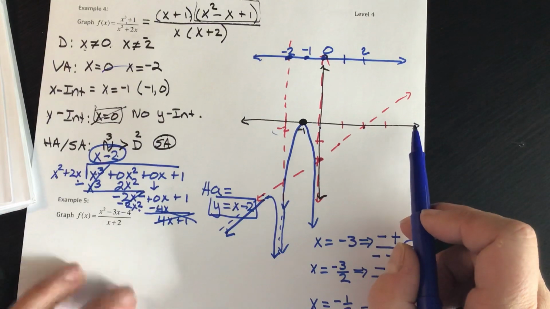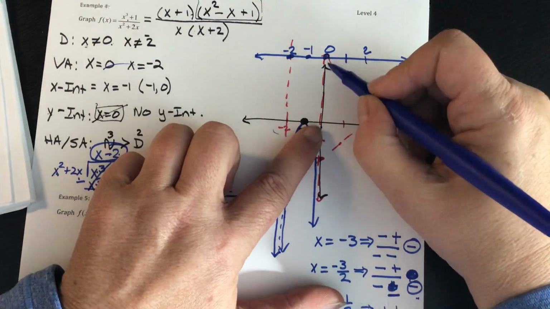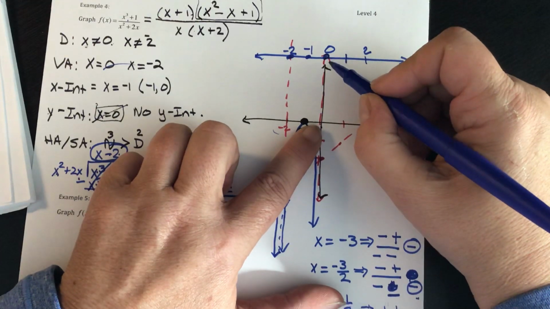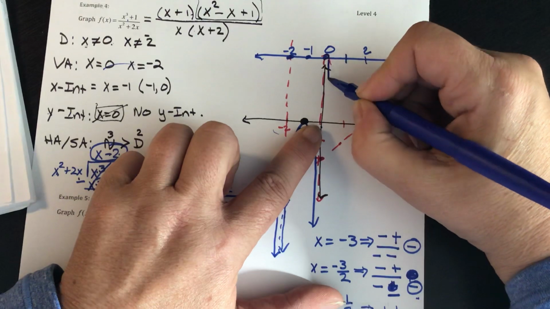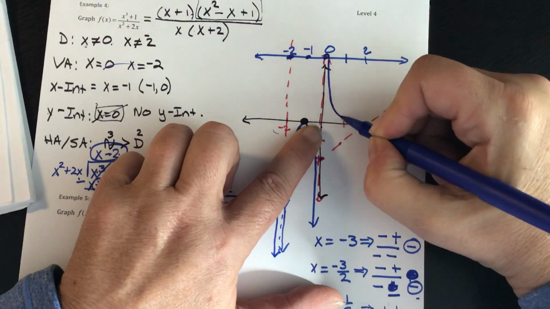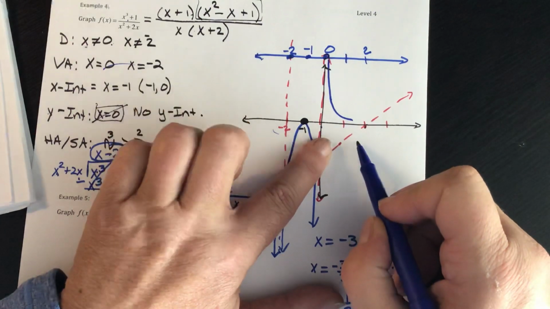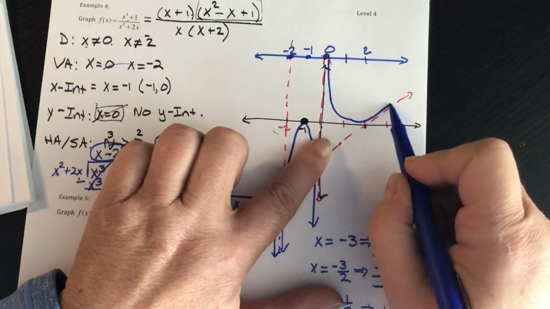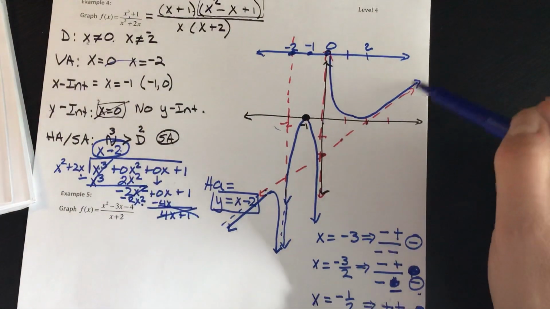And what that means is if I am approaching my vertical asymptote, these are positive numbers, and then I'm going to turn the corner, and I can't go below the x-axis because this is all positive, and I'm going to turn and go this way. So all of these values need to be positive as well.